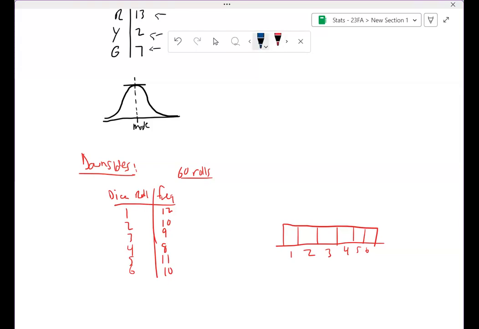So maybe in reality, this one's a little higher, this one's a little lower, this one's a little lower, this one's a tad higher. Well, now I note that my mode is 1, right? But for something that I expect to be a uniform distribution, this is basically just random.